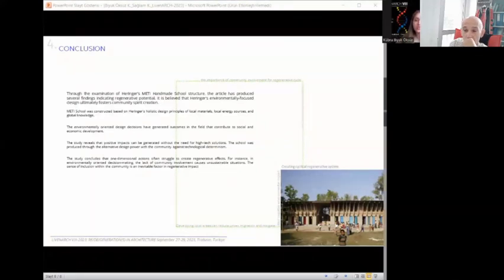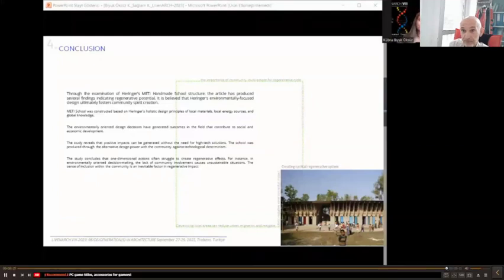Also, unique strategies in rural areas can create a sustainable cycle, reduce migration, and build stronger local communities. This study emphasizes the regenerative potential of architecture through context analysis and the use of local resources and global knowledge. Finally, Heringe's environmentally focused design ultimately fosters community spirit and regenerative creation. My presentation ends here, and I would like to thank you for your attention.